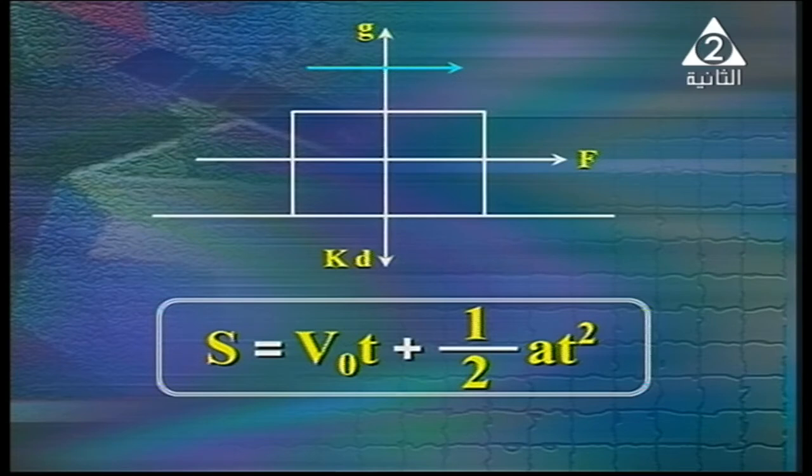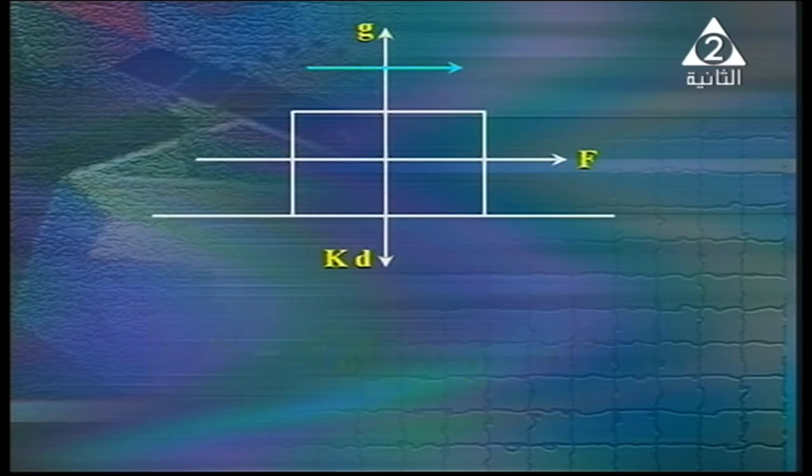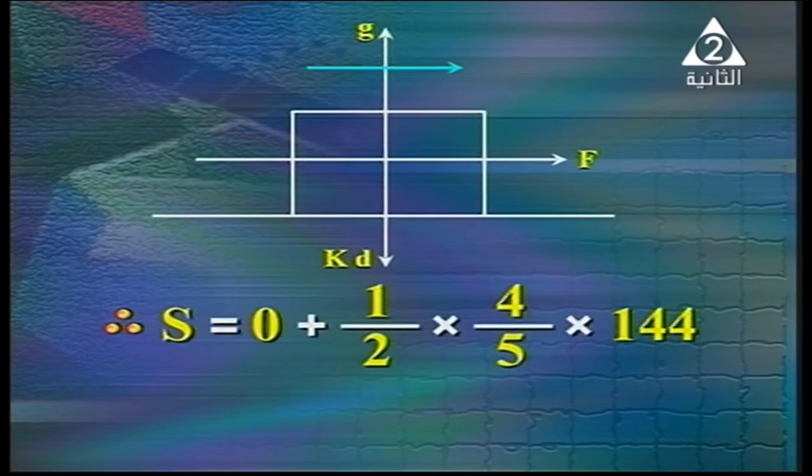Because v naught equals 0. Therefore, s equals 0 plus half times 5/4 times 144 equals 90 meter. What do we mean? After 12 seconds, dear student, the displacement which the body has covered is 90 meter with acceleration 5/4.